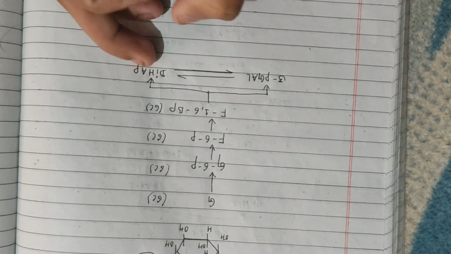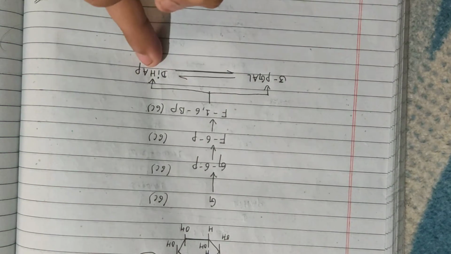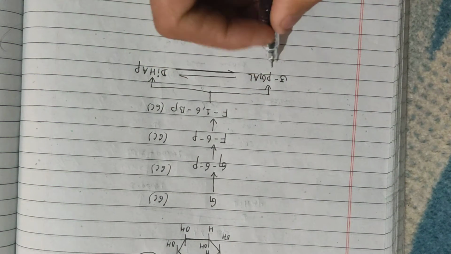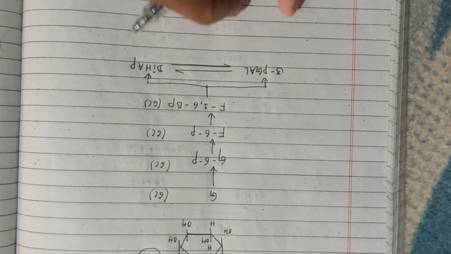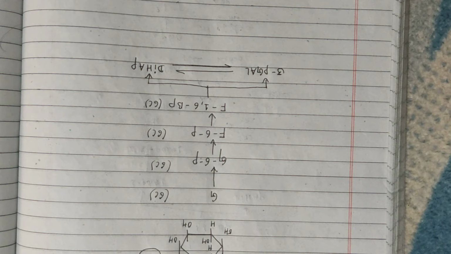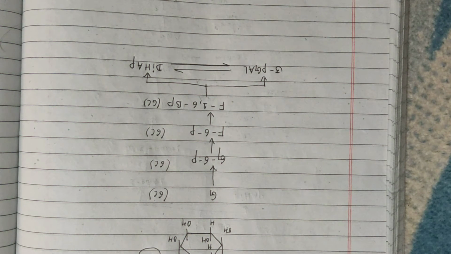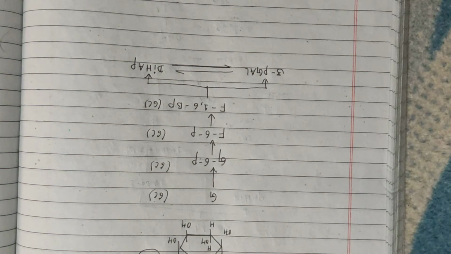Then DHAP can be converted into 3-PGAL, and 3-PGAL can be converted into DHAP. So we will get one pyruvic acid from one side and another pyruvic acid from the other side. So we generally follow only one pyruvic acid, and then we multiply by 2.